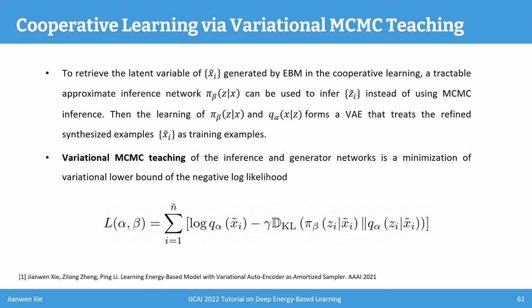The learning of inference model pi of z given X and the generator Q of X given z forms a VAE that treats X tilde as training examples. This is called variational MCMC teaching. That is, the VAE learns from the MCMC of the EBM. The VAE objective is a minimization of the variational lower bound of the negative log likelihood of the synthesized examples X tilde.